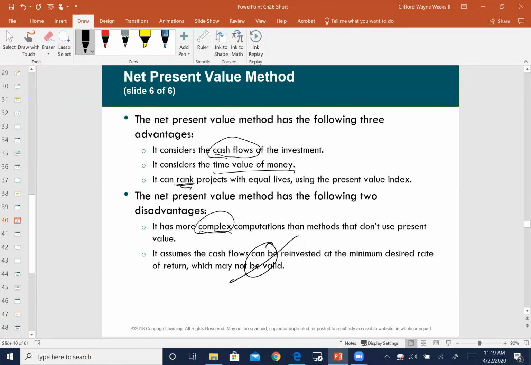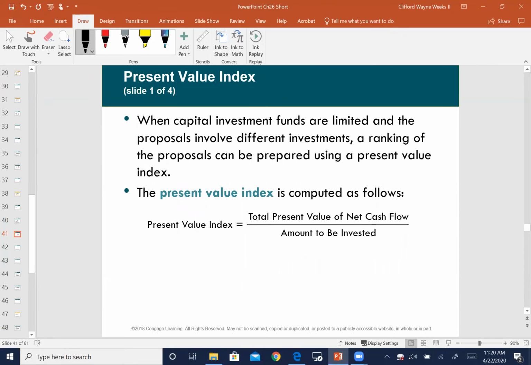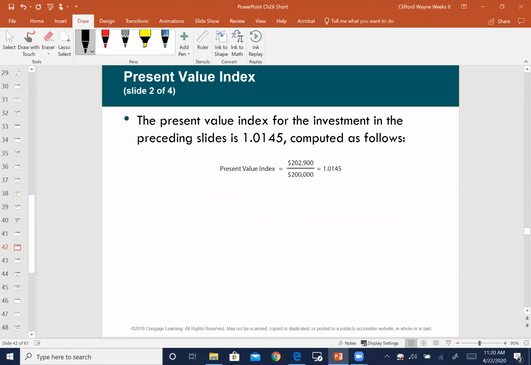Before, it said it can rank the projects using this present value index. What the present value index does is take the total present value of the net cash flows, so in our case it was the 202,900, divided by what was invested, the 200,000, and it comes up with 1.0145.